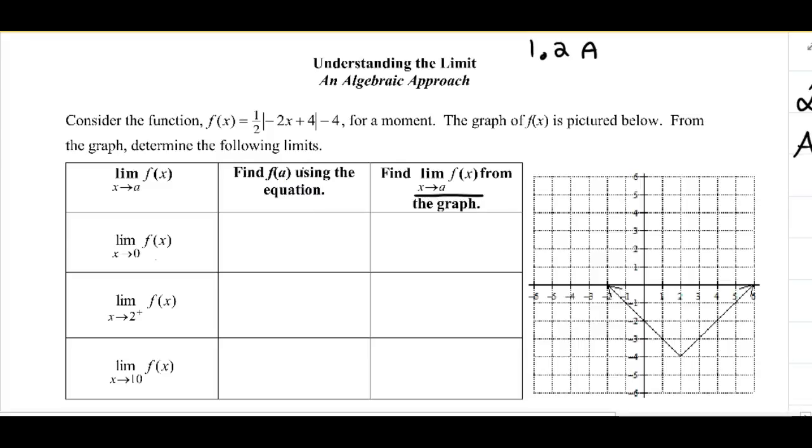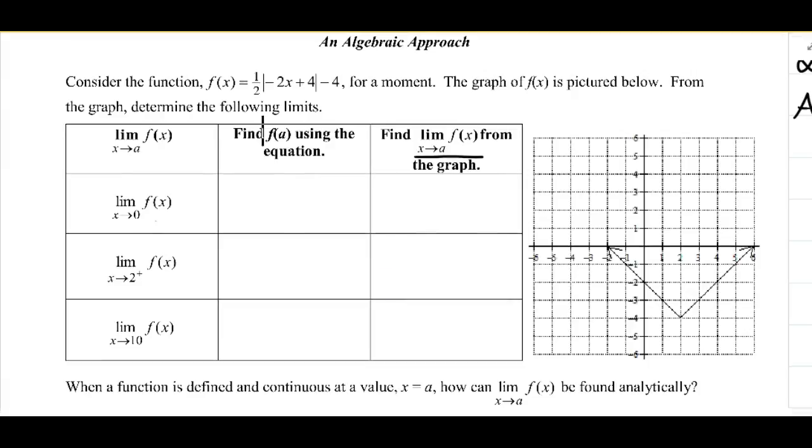So we're going to start by exploring this graph, and just as a good review, let's find the limits from the graph, each of these as x approaches 0, as x approaches 2 from the right, and as x approaches 10.